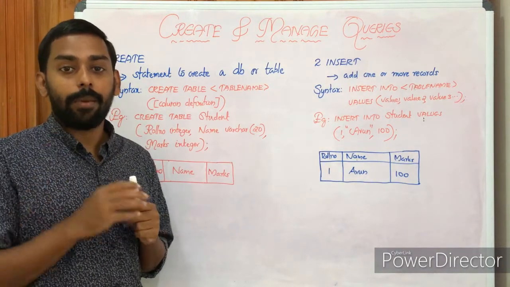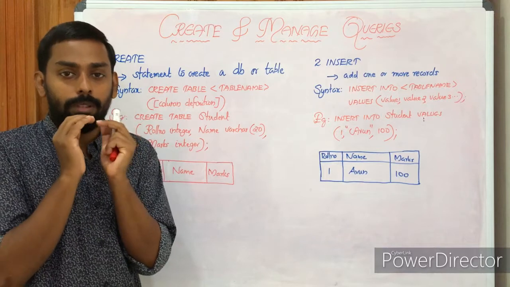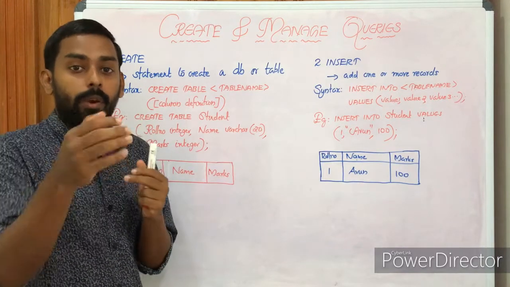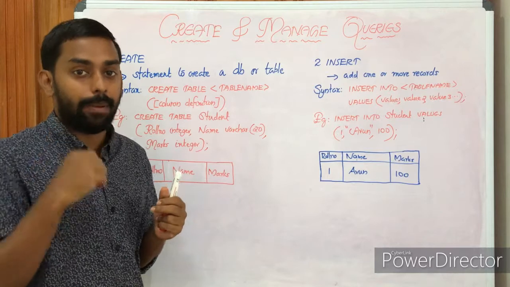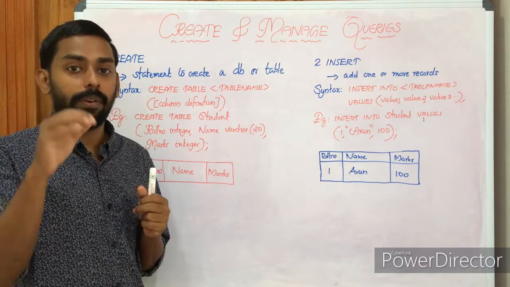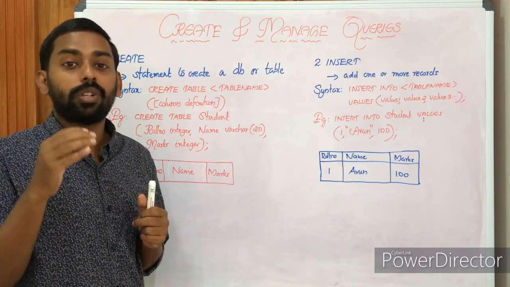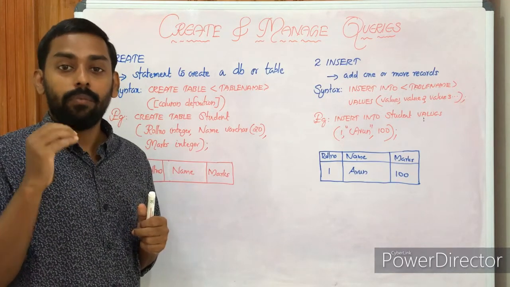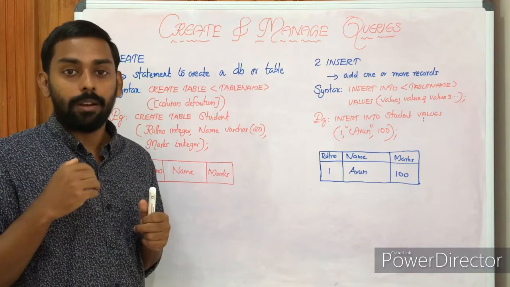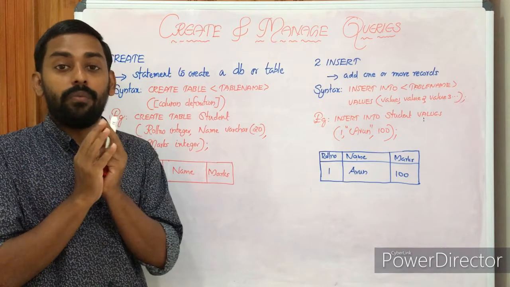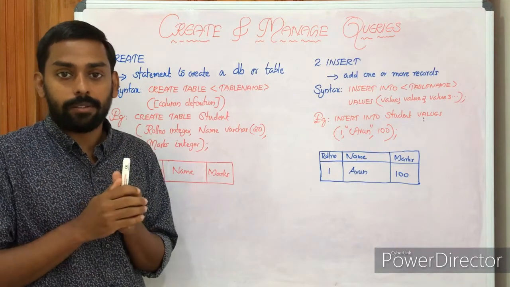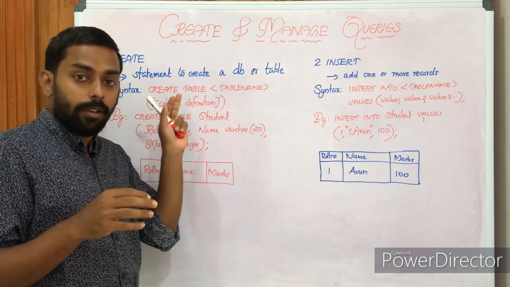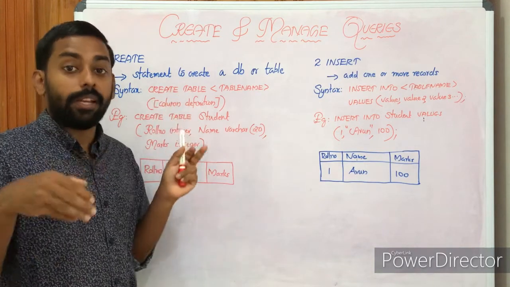You have to create the table first. We are following a relational database management system. As we follow RDBMS, we store data in the form of table or relation. So we have to create the table first, so we are using the DDL command create for creating a table.